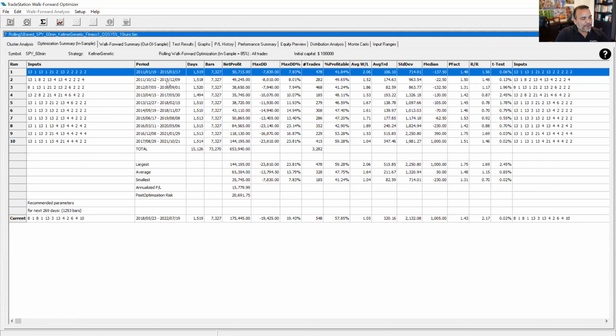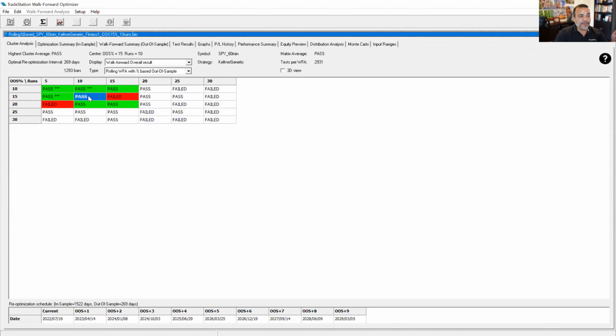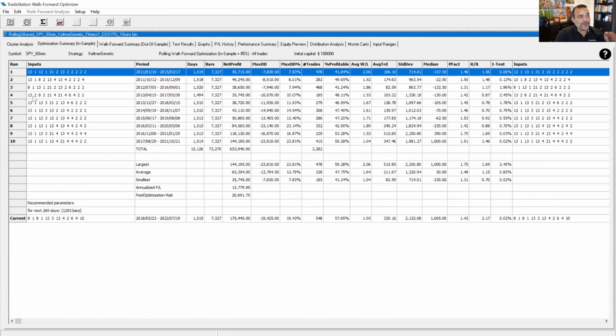So here we have the in sample periods. Remember, this is based on, let me go back here to the cluster analysis, this one, which has 10 runs, right? So when you go to the optimization summary in sample, these are the 10 runs that it sees.